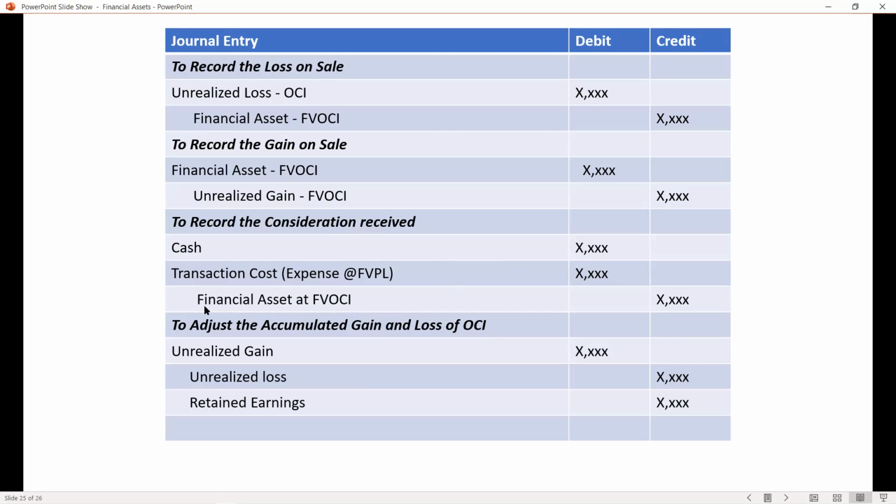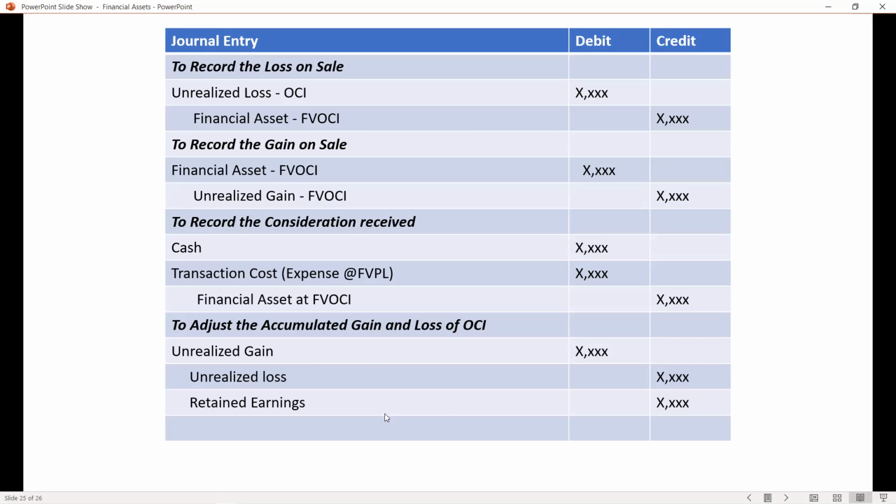So under that is financial asset at FVOCI. So adjusted accumulated gain or loss. Ang nangyayari dito kasi guys, lahat ng unrealized gain at unrealized loss mula noong pag-acquire mo ng FVOCI na equity security hanggang sa nabenta mo siya, i-accumulate mo lahat, i-add mo lahat ng loss, i-add mo lahat ng gain, tsaka lalagay mo sa retained earnings.